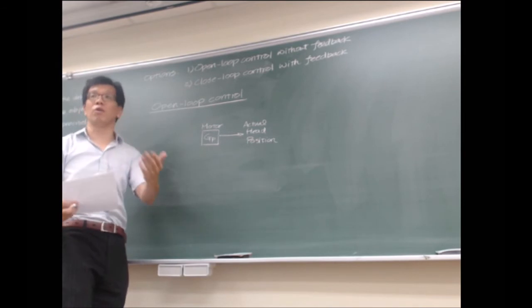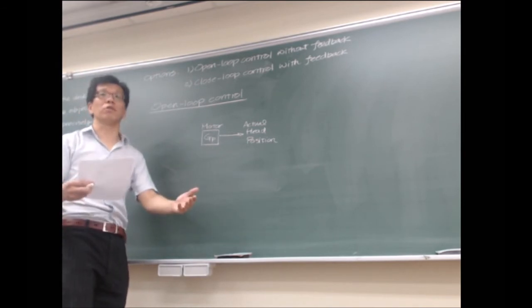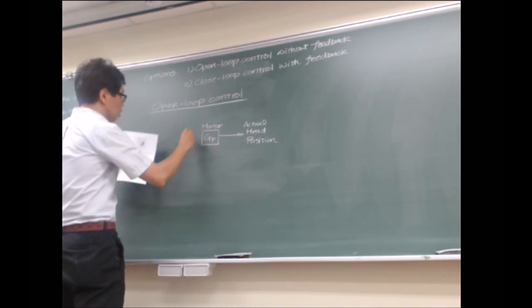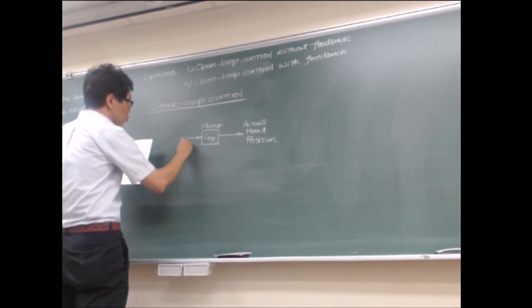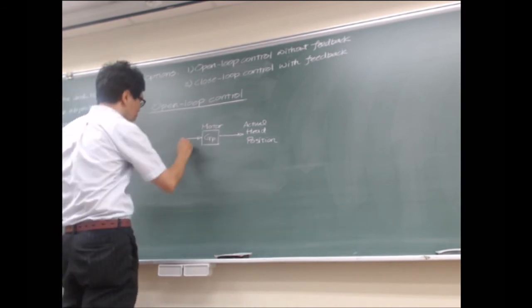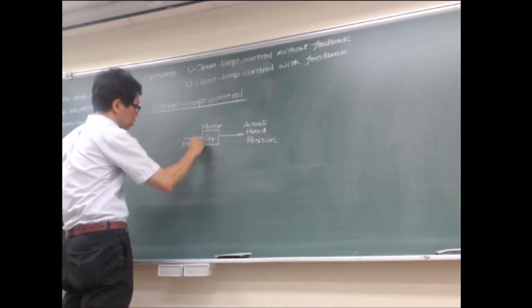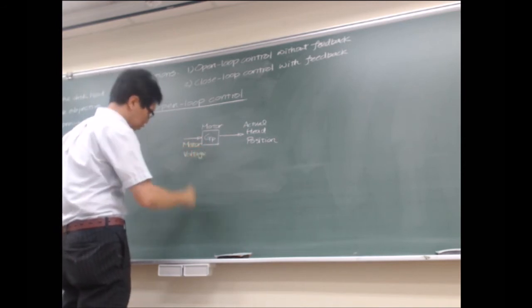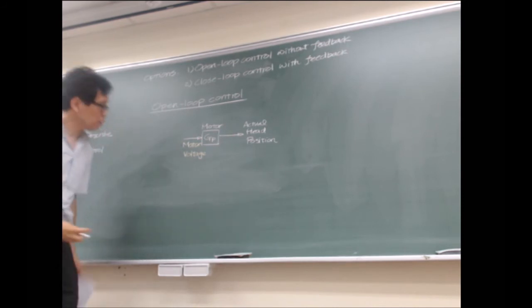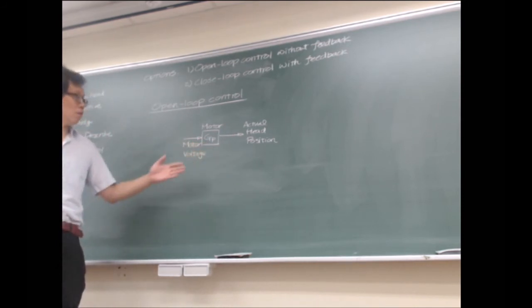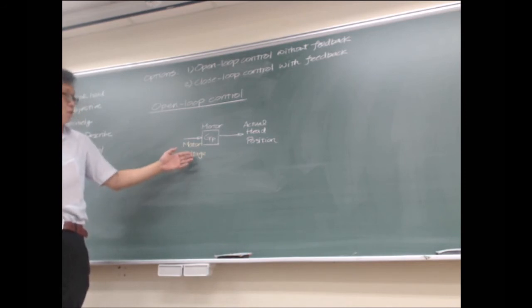And this is a motor. When you want to drive a motor, how can you drive a motor? You use what? Voltage. So over here, the input for this one is going to be voltage. Okay. So this is a motor, this is a voltage, but this doesn't have any information of position.